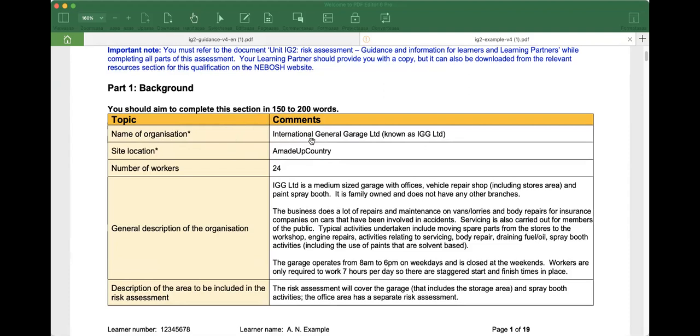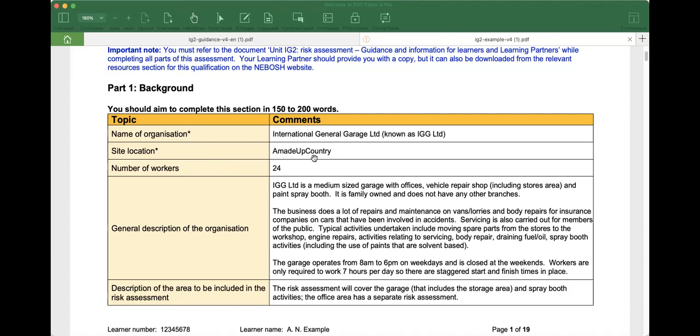So name of the organization, like in the example report, you can see the name of the organization, International General Garage Limited, or known as IGG Limited. Site location is a made-up country.